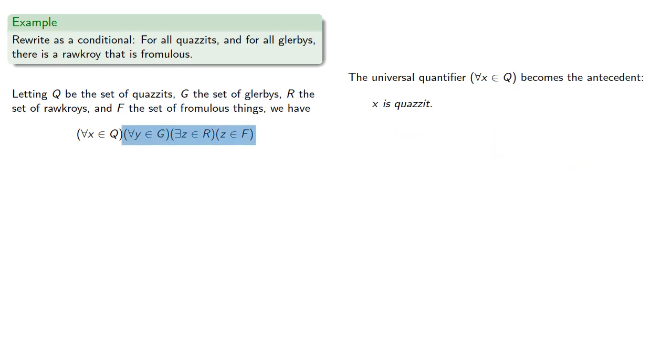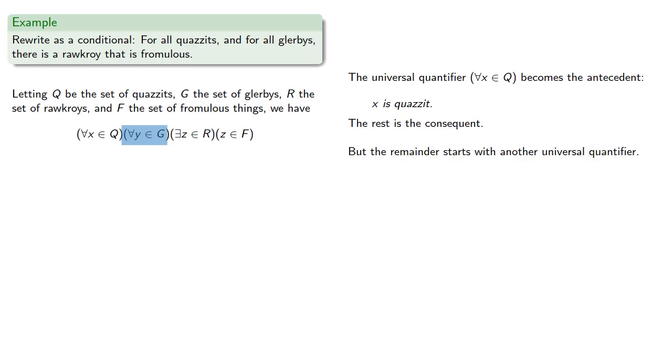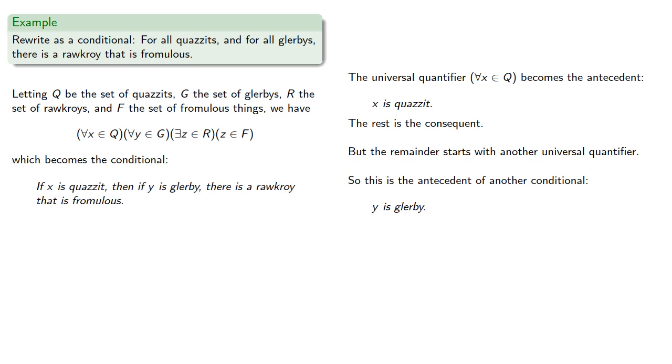And the rest is the consequent. But notice that the remainder starts with another universal quantifier. So we could write this as the antecedent of another conditional. So this becomes the conditional, if X is quasit, then if Y is glurby, there is a rockroy that is fromulous.